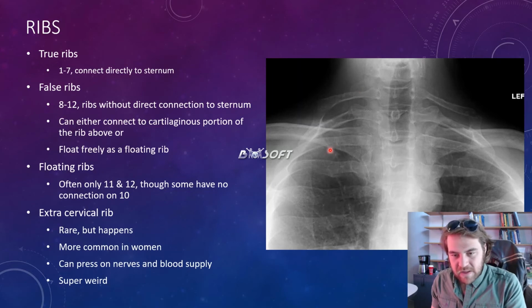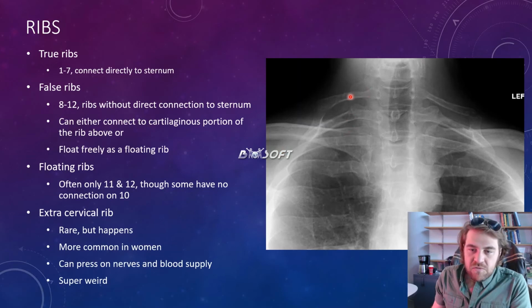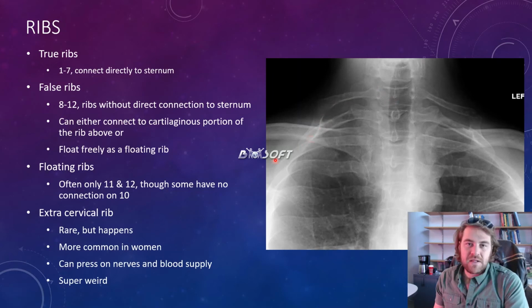clavicle here. So the clavicle is this right here. You've got nerves and blood supply that come out of the spine and move down through this region. This extra cervical rib in some people, after time, right in this area right here, can start pressing down on the blood supply and the nerves.